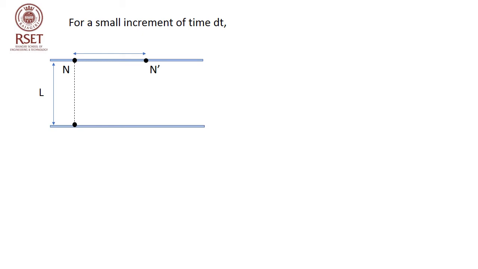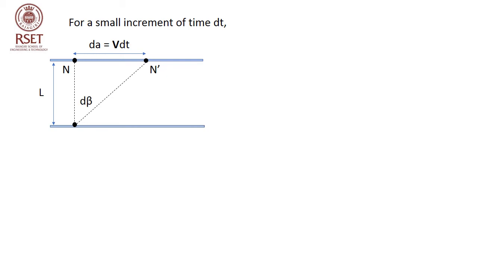So the distance traveled by the fluid particle at point N is taken as dA, which will be equal to velocity into the time taken. So dA will be equal to V into dt. The angle subtended by N and N dash with respect to M is taken as d beta.